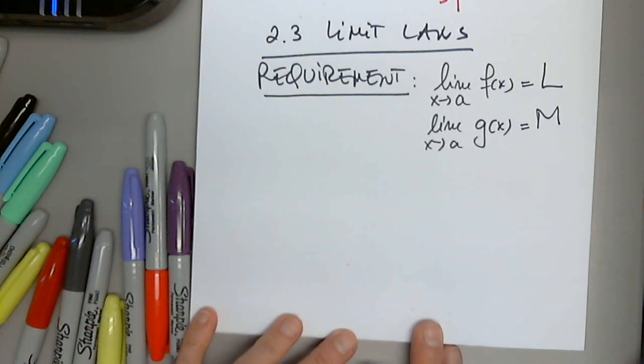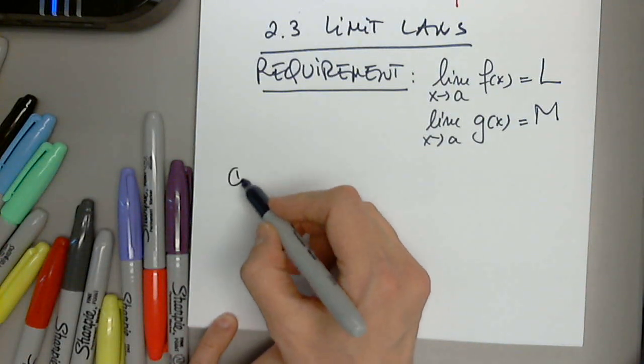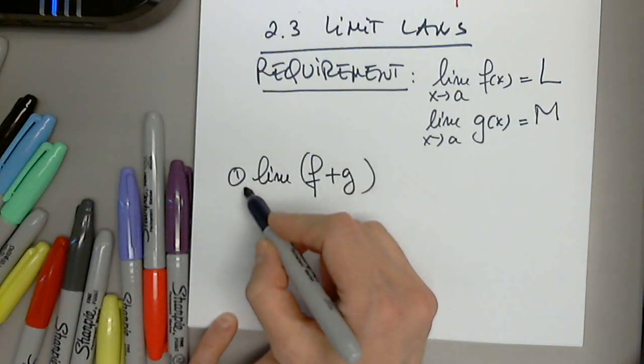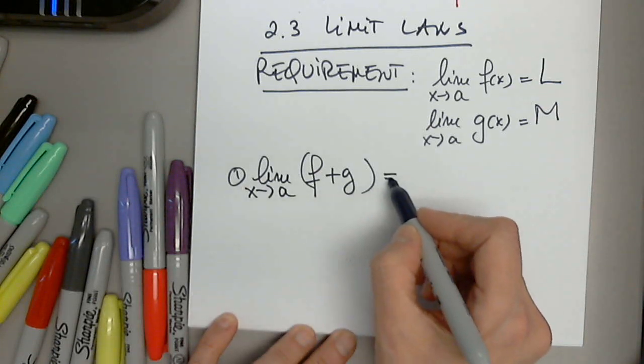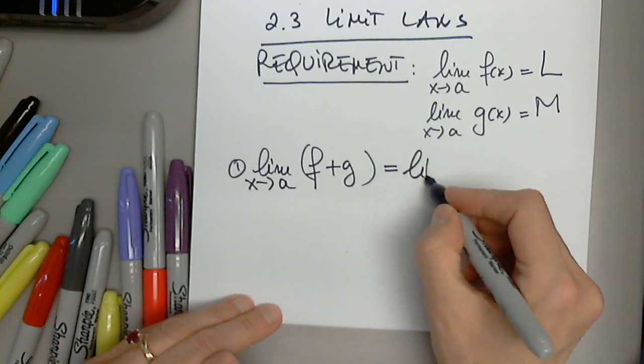Okay, so let's list at least a few and work with them. Here's the first one. The limit of f plus g when x approaches a. What do you think this will equal? Just a wild guess. The limit of f plus the limit of g. Of course.